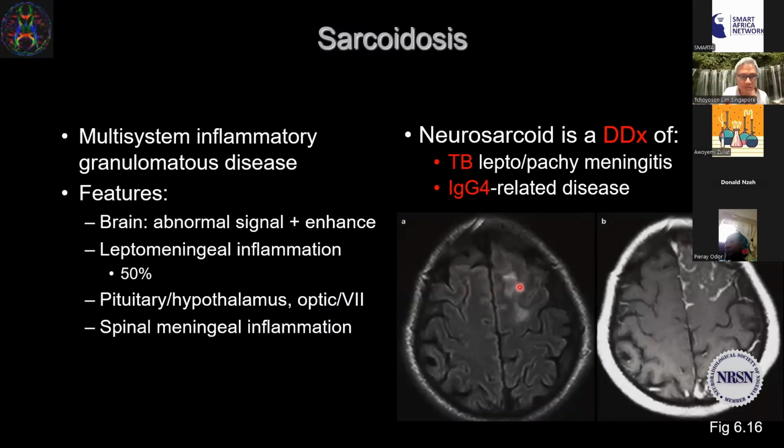We have to think about neurosarcoid. And in the brain, the abnormality can mimic an encephalitis, and it can also show leptomeningeal inflammation, very similar to tuberculosis. The pituitary, the hypothalamus, the optic nerve, and other large nerves can be involved. And finally, inflammation in the spine.